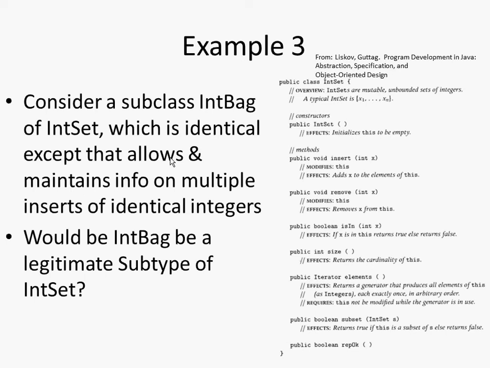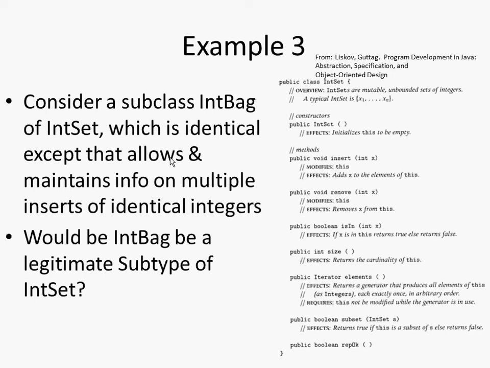Yeah, so it's not really specified exactly what happens here, but the overall concept, I believe, was that if you insert it twice for an int set, it just treats it as, well, it's already there, and if you were to then remove it, it'll be gone.